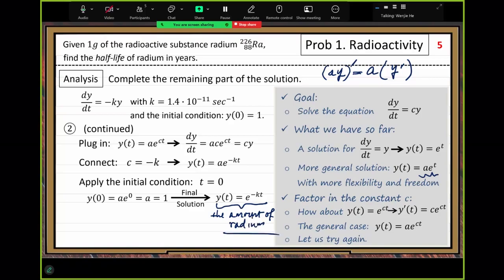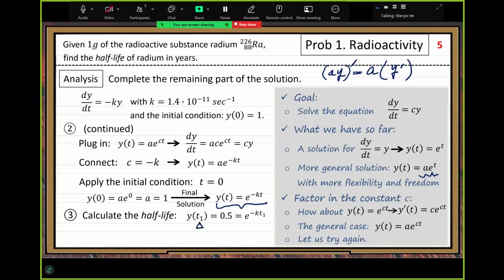But our goal is half-life. We want to find the half-life. So this is not our goal, the amount of radium. Calculate the half-life. By the definition, the half-life, we need to determine a special point, T1.